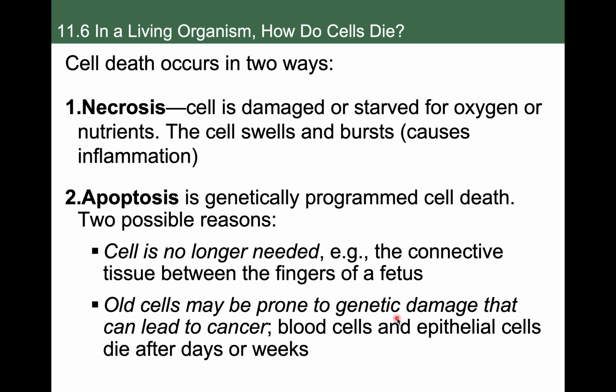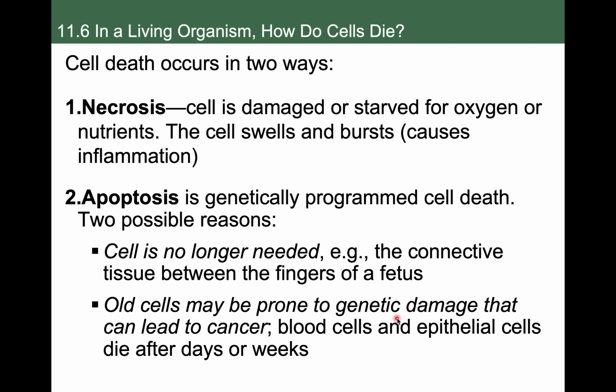All right, so to end this video, I just wanted to point out how important the balance is, especially in a multicellular organism, between mitosis, right, production of new cells, and cell death, right, getting rid of old or unwanted cells. And I should point out there's two ways that cells can die.